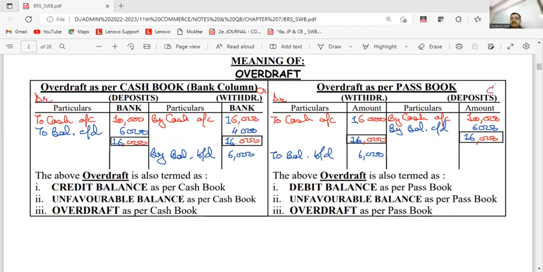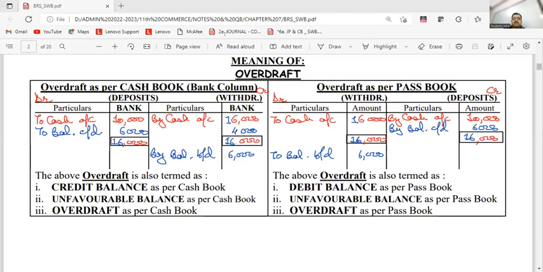Cash book debit and passbook credit mean one and the same thing. So in the cash book, brought down reflected on the credit makes the bank our creditor. In the passbook, brought down on the debit reflects us as the bank's debtor. Quickly put this. Very quickly.